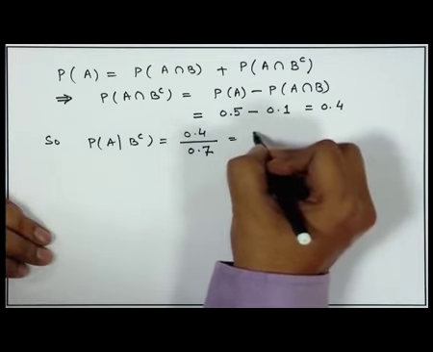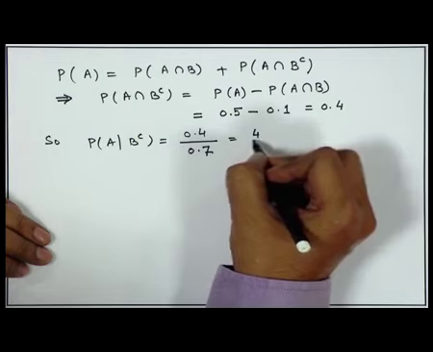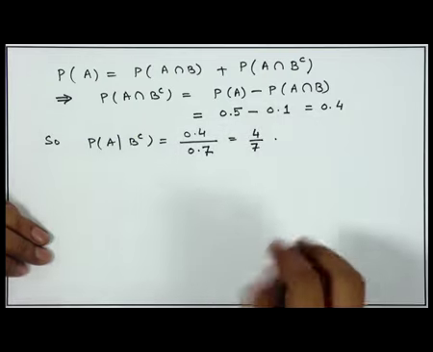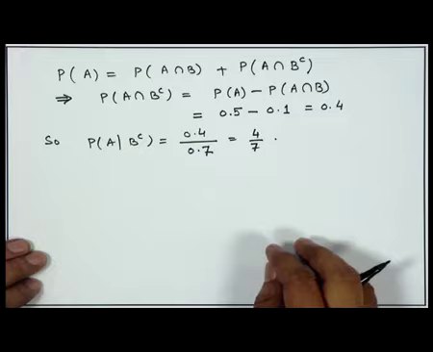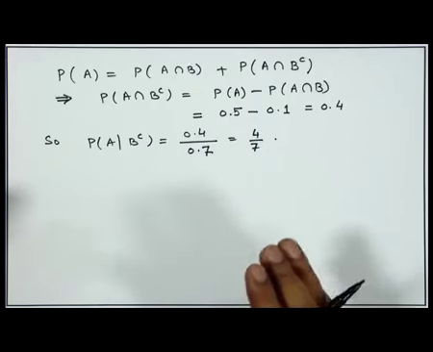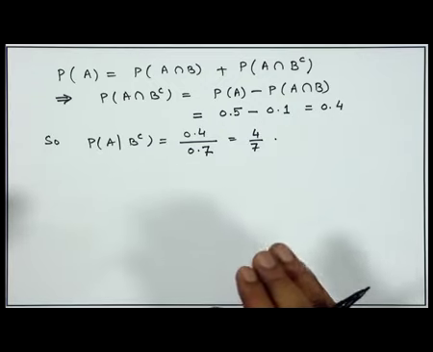So, that is equal to 4 by 7. Again you can see that in this particular problem, I have used the formula for the conditional probability, and in order to evaluate the terms involved in the ratio, we have used the addition rule, because the event A we have split as A intersection B and as A intersection B complement, and then for B complement we have directly calculated.